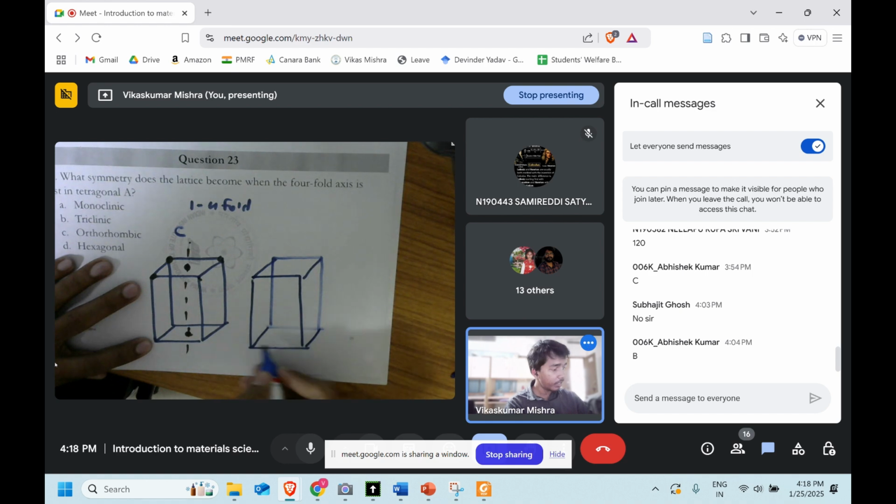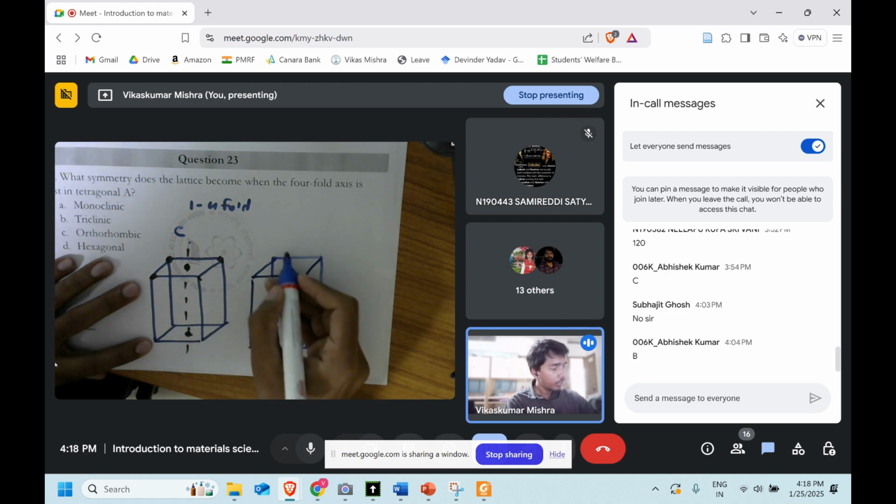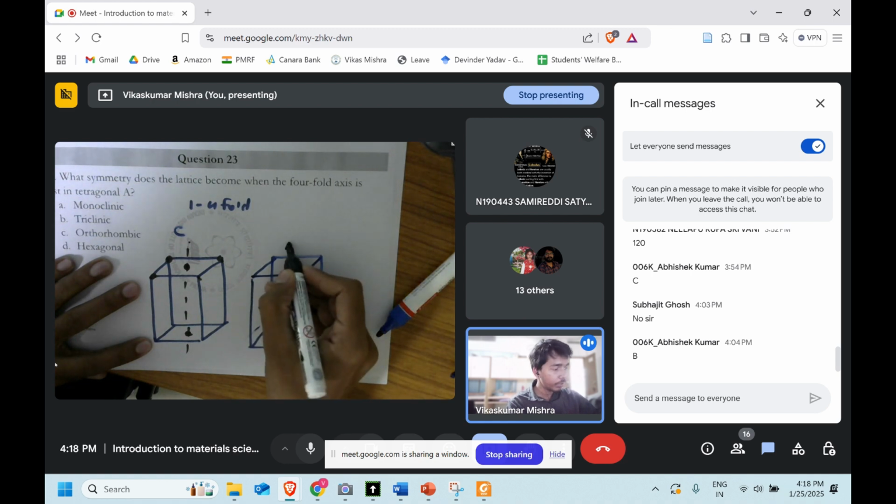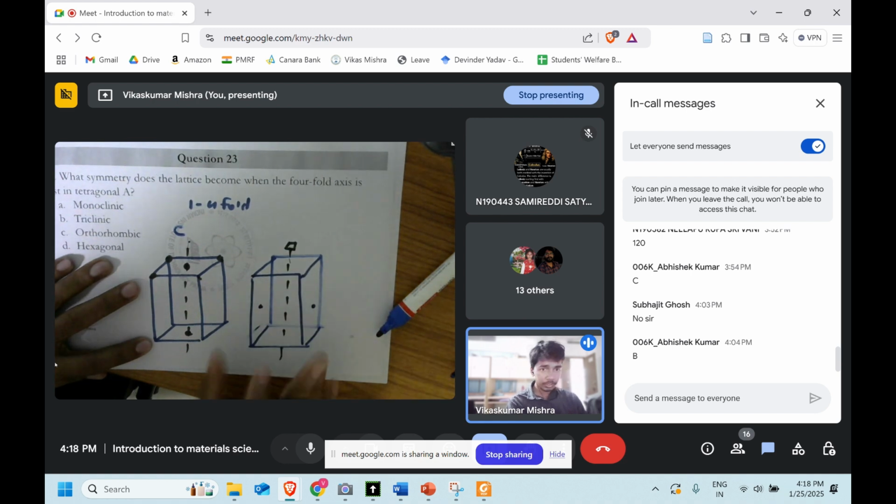A means that they will be along the A axis. So let us say I am considering this to be the A axis. You can consider this also. Anyone is fine, both of them will do the same thing. Now this was my fourfold rotation axis. About this I was rotating by 90 degrees. Now let's rotate this by 90 degrees.